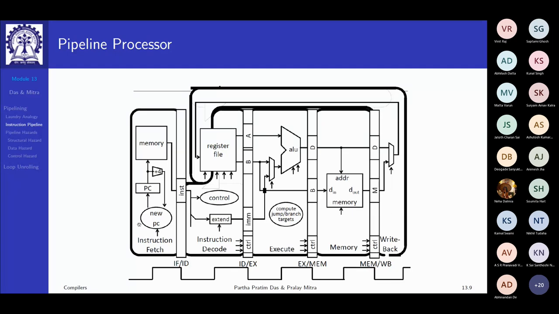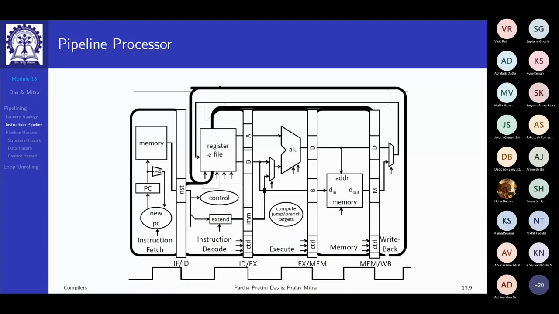Since we want every stage to be busy, once you are done with one stage, you would like to put another instruction in to use that stage. So typically between stages, you will have some latch or buffer to keep the result of the earlier instruction, which you can push on as input to the next stage.